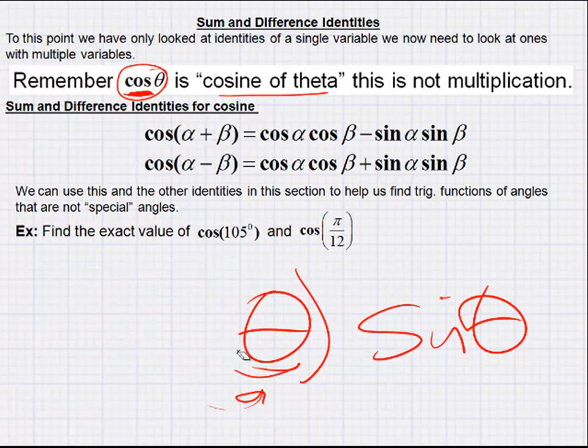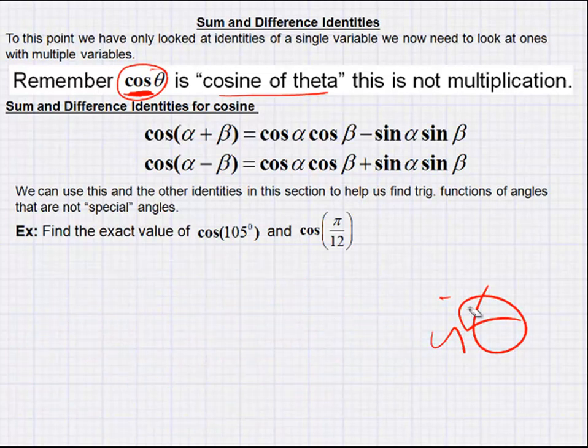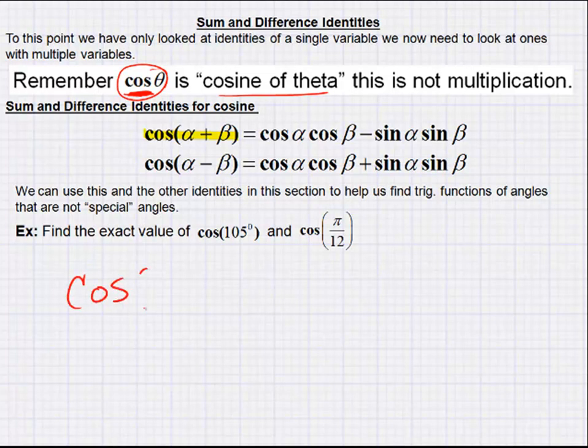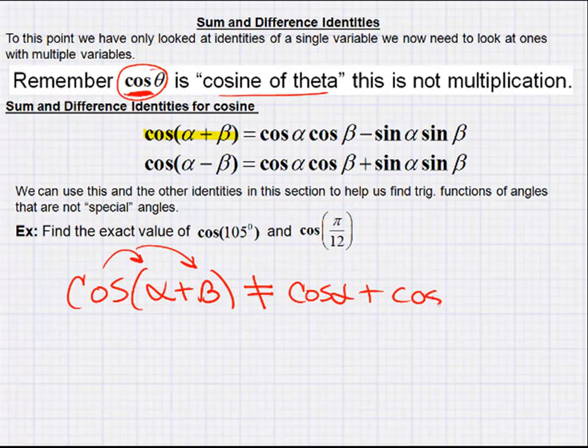If we're talking about these sum and difference identities, and we look at cosine first, the idea is we're trying to take the cosine of a sum. So the cosine of alpha plus beta, where alpha and beta are two different angles, and this is where we have our multiple variables. Since this is not multiplication, what you cannot do is think of it like the distributive property and say the answer is cosine of alpha plus cosine of beta.